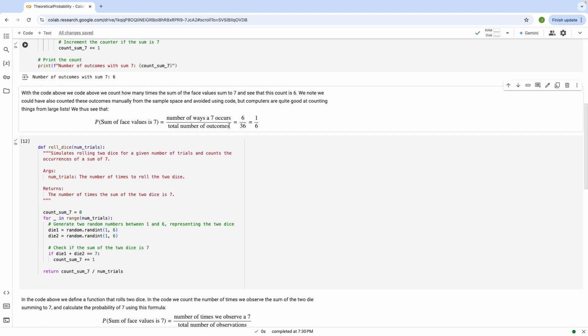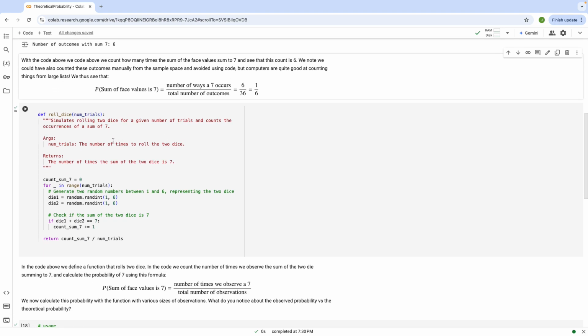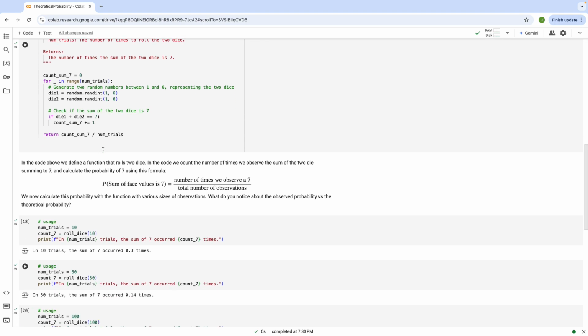I could also use Python to simulate rolling two dice. This is the code for it. And I would use a slightly different formula. I'll use the observational probability, which is the number of times we observe a sum of 7 divided by the total number of observations.